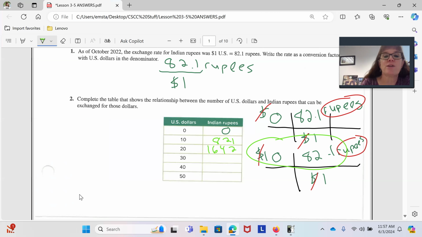You'll find that for 30, you get 2,463. For 40, you get 3,284. And for 50, you get 4,105.